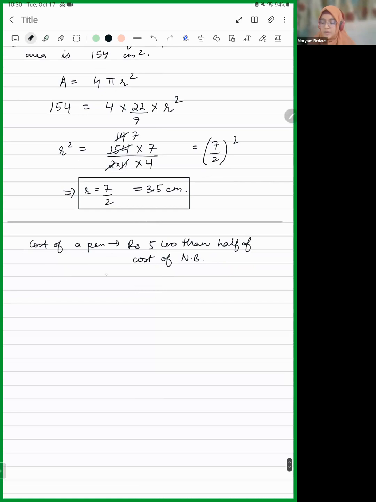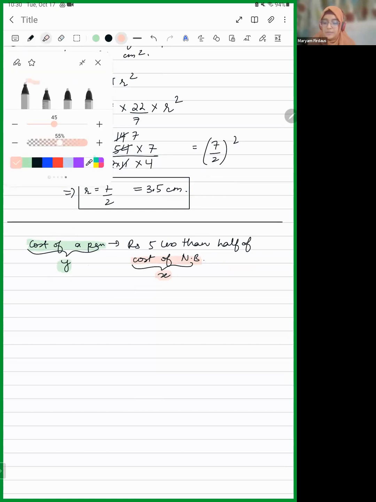So X is the cost of the notebook, Y is the cost of the pen. In place of cost of pen, we are going to write Y. In place of cost of notebook, we are going to write X. Then we have a few other things that are given to us.